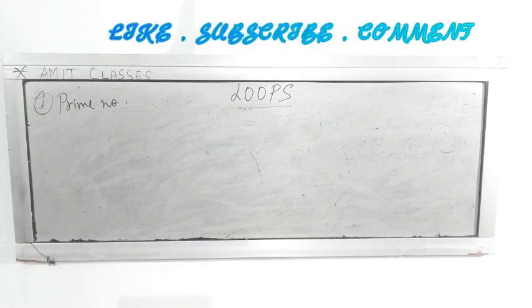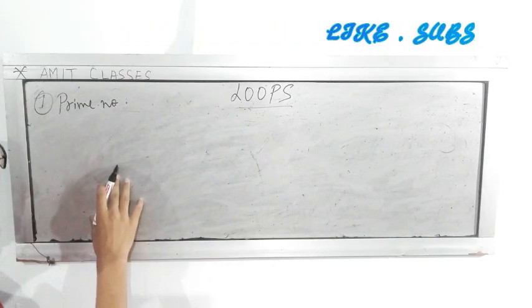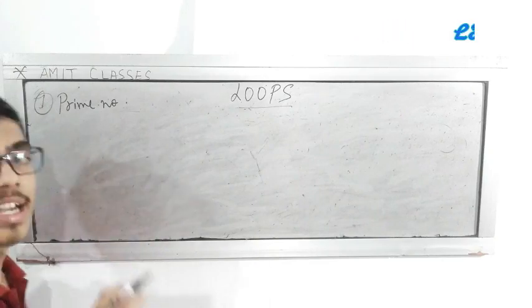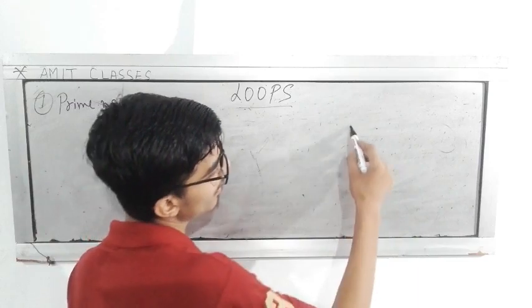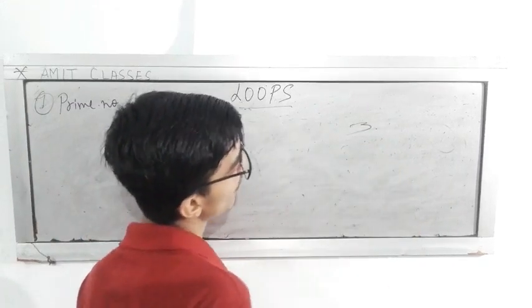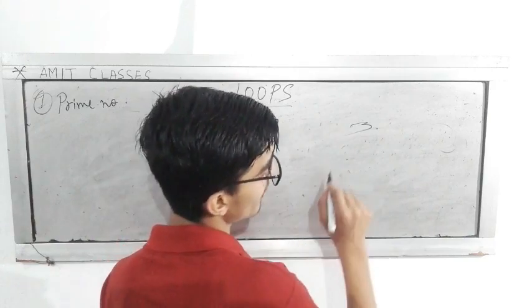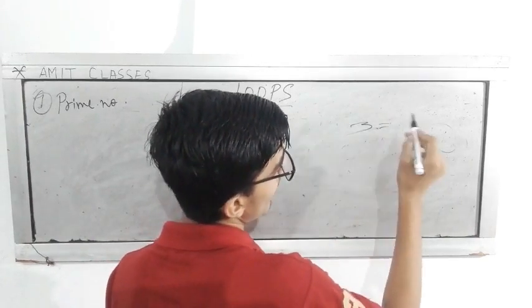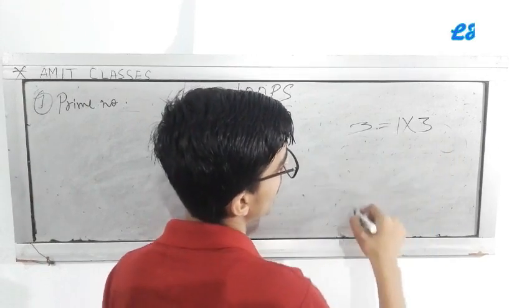Now we have a question: write a program to take a number and print whether it is a prime number or not. If we write here 3, then how will we find whether it is a prime number or not? For this we find the factors. Its factors are 1 and 3.